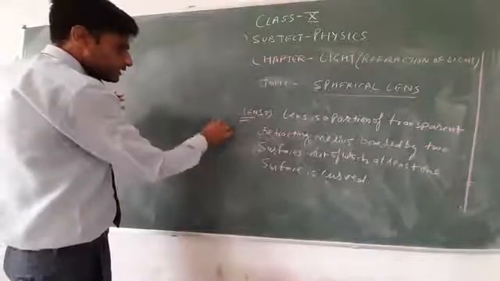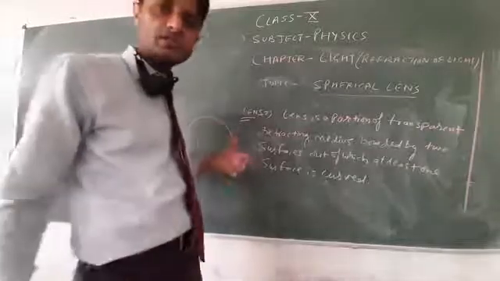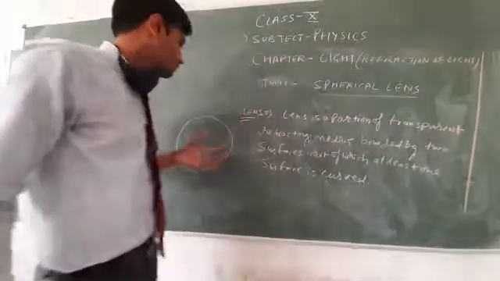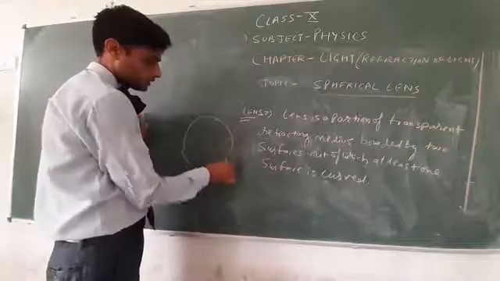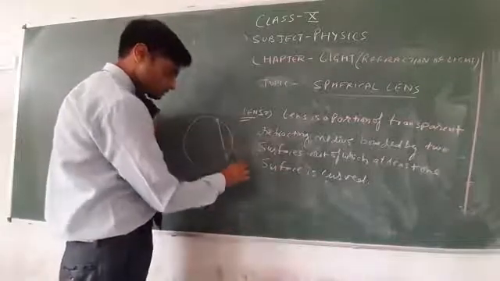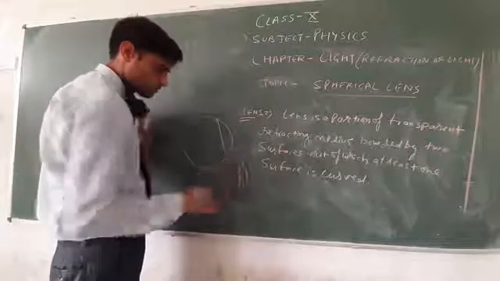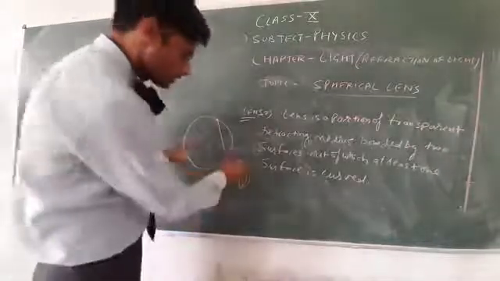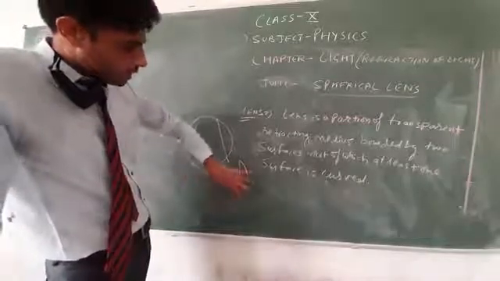If there is a sphere of glass, as you know, glass is a transparent medium, and a portion is cut like this, then this portion is also known as a lens.